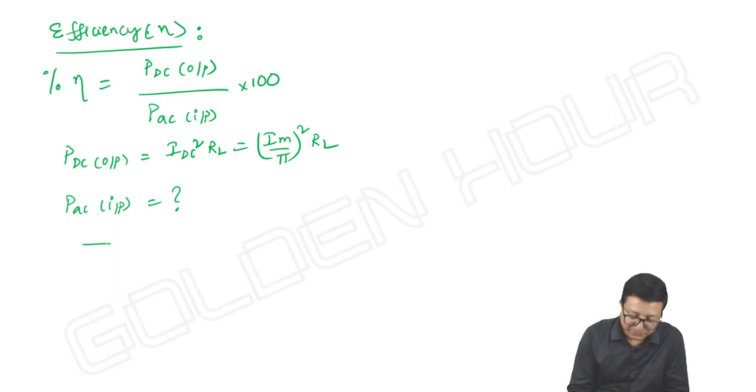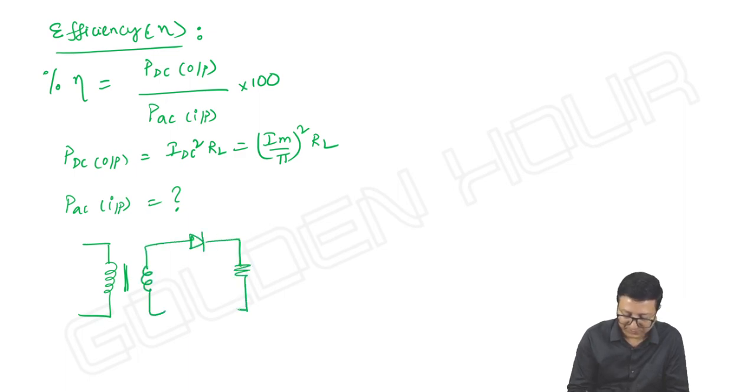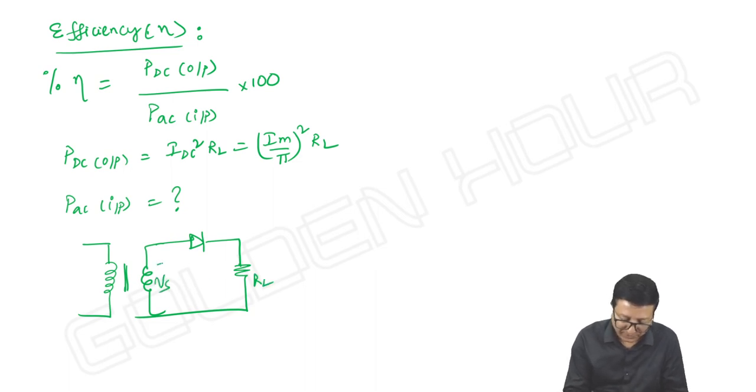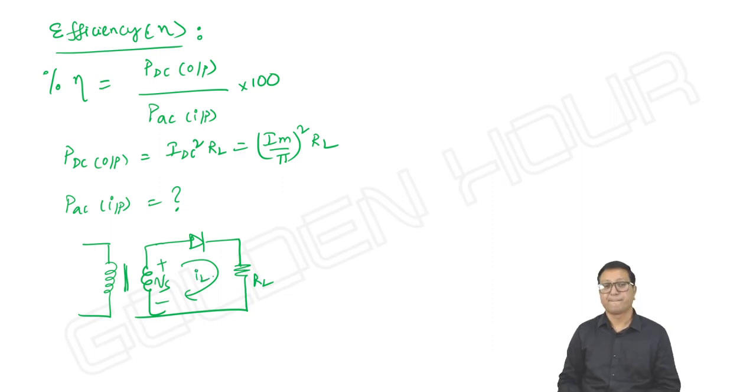See, I have this rectifier circuit. It is Vs we are writing, and I wrote it like IL. So what is the power generated across the secondary winding?